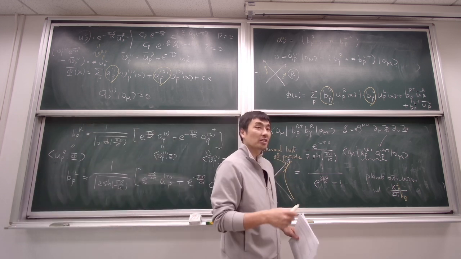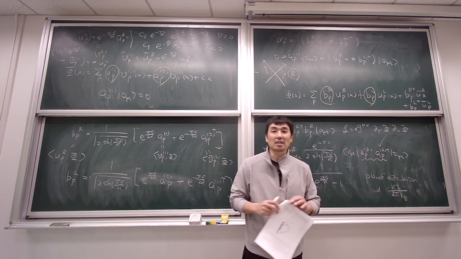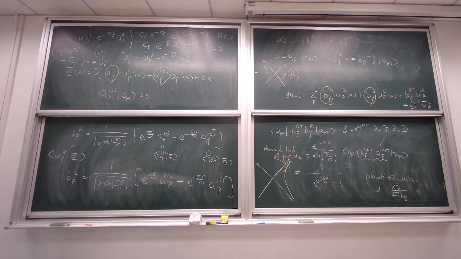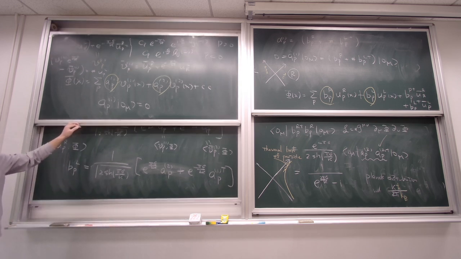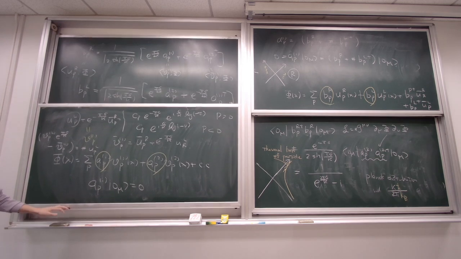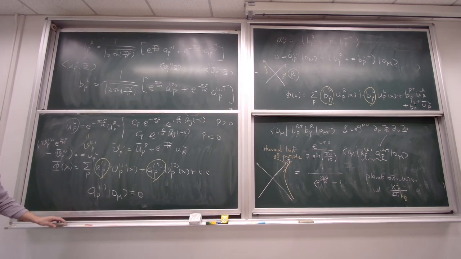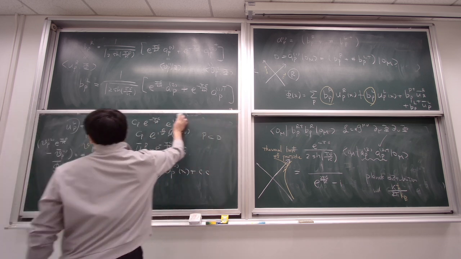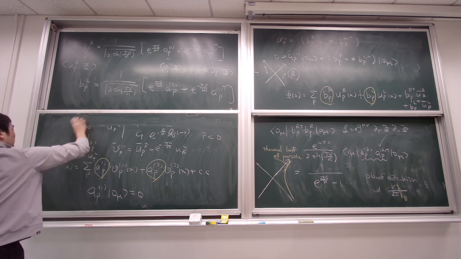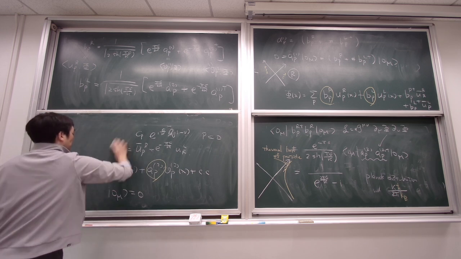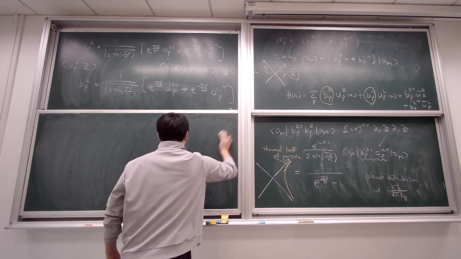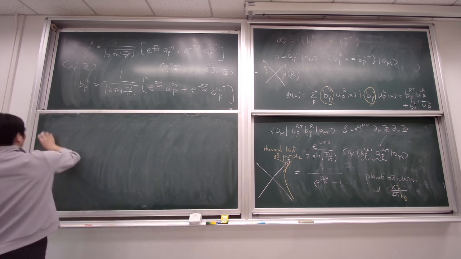The reason why I use the free scalar is that it's the simplest. But you can do the same computation for the Dirac field or the gauge field; the procedure is more complicated, but you will get the same conclusion. Okay, good.